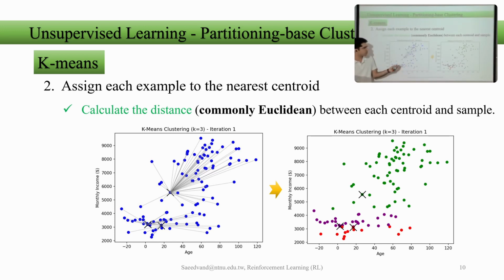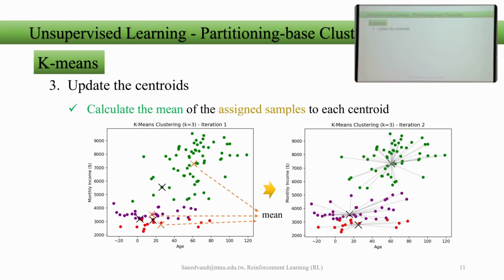We just picked 3 random centroids and assigned the data. We should make it more meaningful. What we do is move to the next step, updating the centroids. For updating the centroids, the most common way is to calculate the average or mean of the assigned samples.